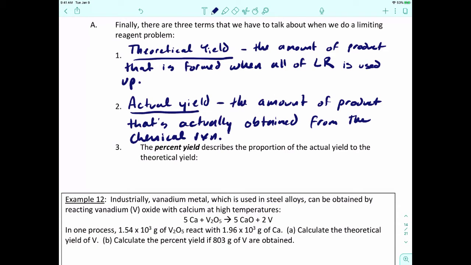All right, so theoretical is how much you should make if everything's working properly. Actual is how much you really did make.